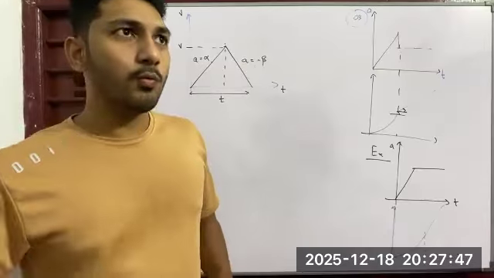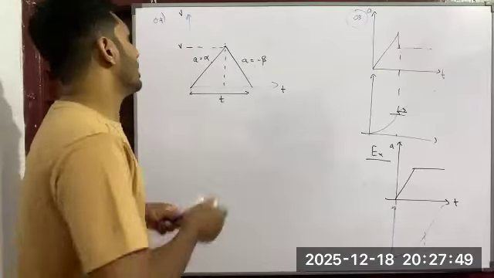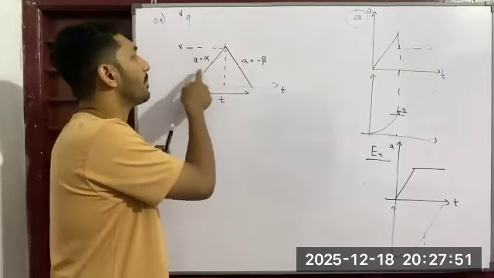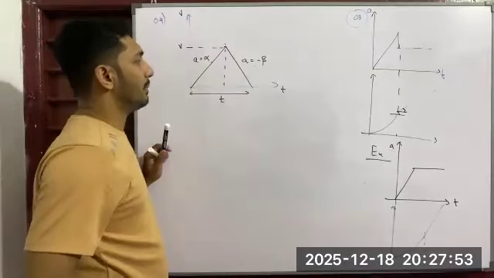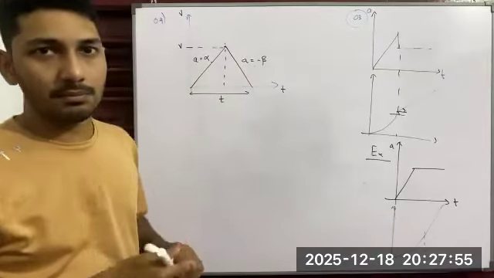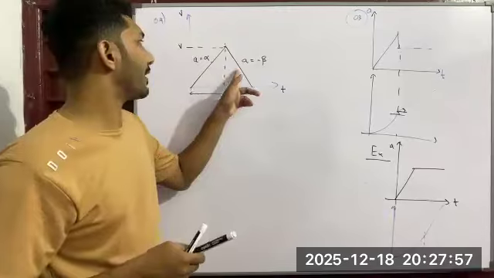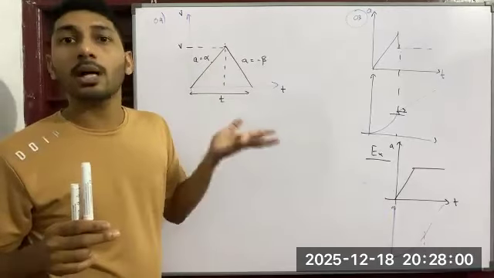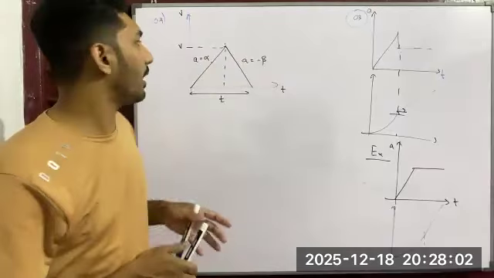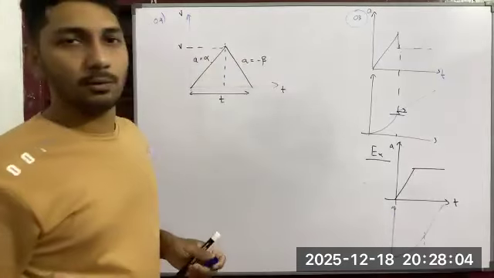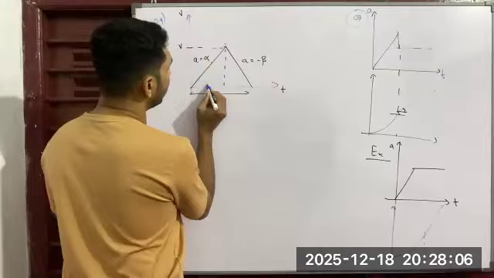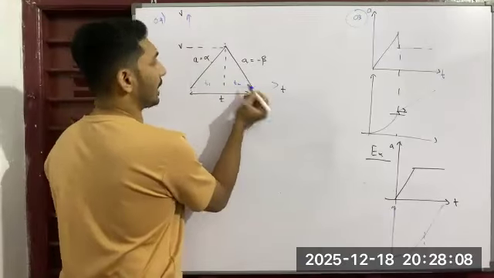Now what you should do is use the equation separately for this and this, because the whole time given is two different types of motion. You can't use any equation at once. So we will say this is t1 and this is t2 time.